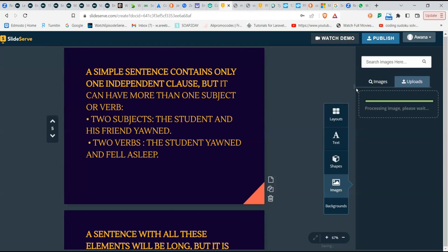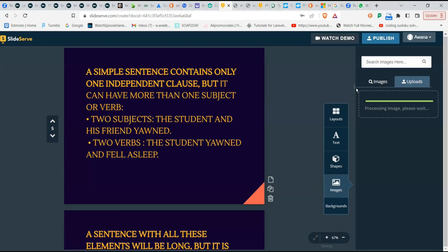Now we can convert it into Hira and Laiba drank milk. This does not convert our subject into two subjects. It just makes it a compound one. Hira and Laiba will be considered one subject. And over here it says the student and his friend yawned. The student and his friend is a compound subject now.